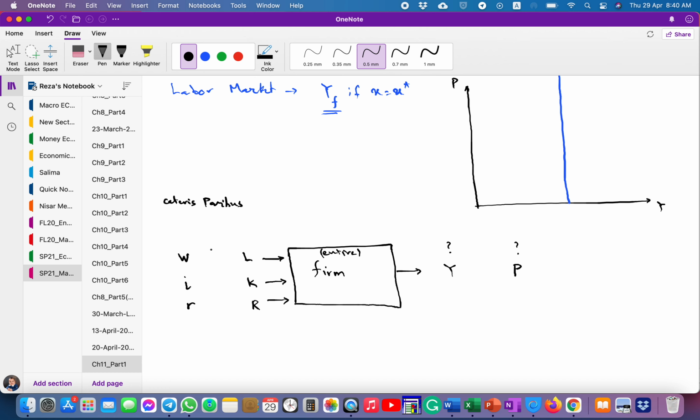If we multiply them, this basically shows the total cost, and if you multiply these two, it gives you the total revenue. And by the way, they are opting for a technology.